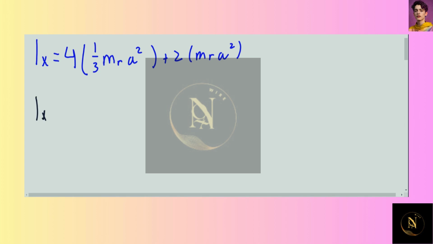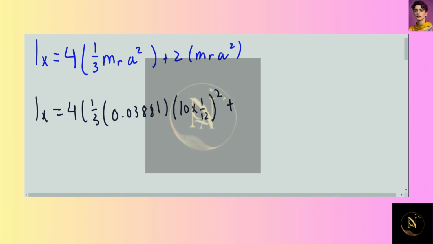So I of x is going to be equal to 4 times 1 over 3 times mr times the length A, which we convert into feet, squared, plus 2 times mr times a squared.